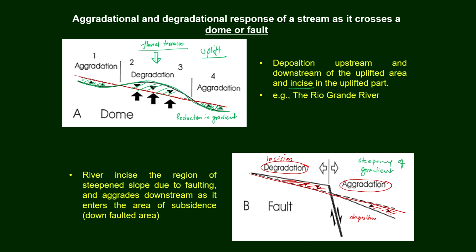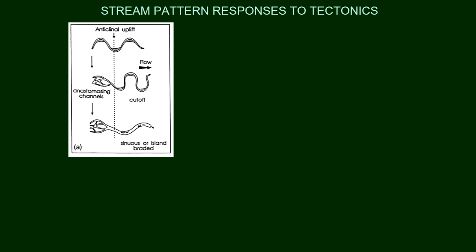Such cases can be well studied if we come across the landforms, and if we are looking at some degraded areas or sudden aggradation. That can help us in identifying, and of course the channel pattern will also help us in identifying whether this area is affected by the tectonic movement or not.